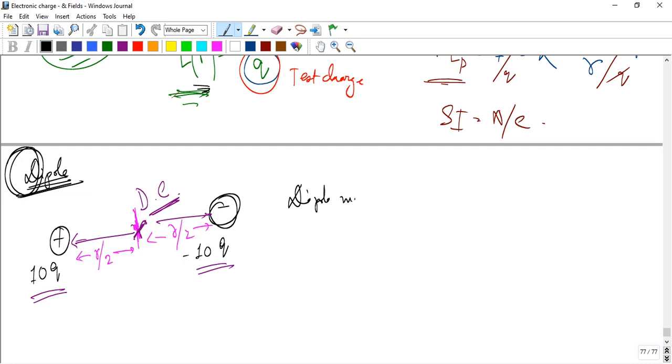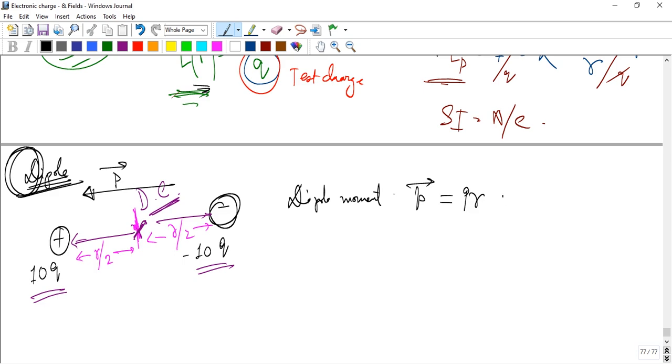Here we get the dipole moment, a vector P, directed from the minus charge to the plus charge. The dipole moment is a vector, obviously directed from the negative charge to the positive charge. What is the value of the dipole moment? That is r times Q, or Qr.